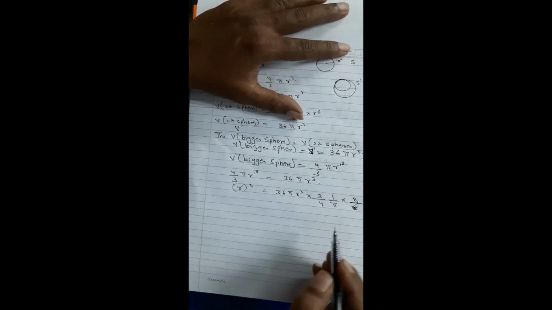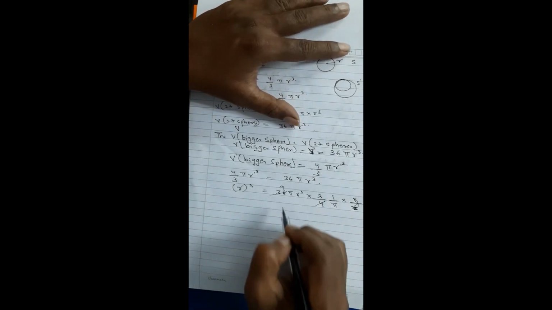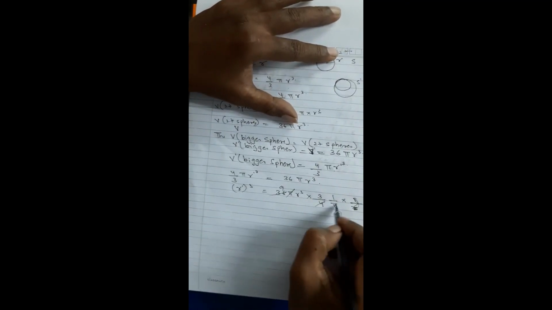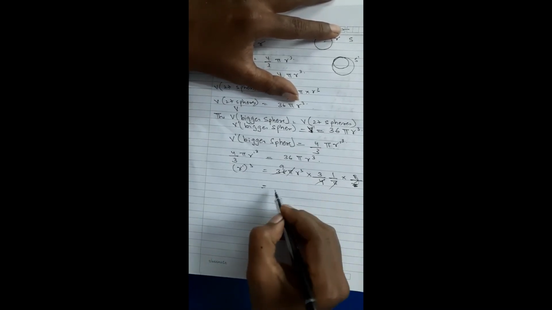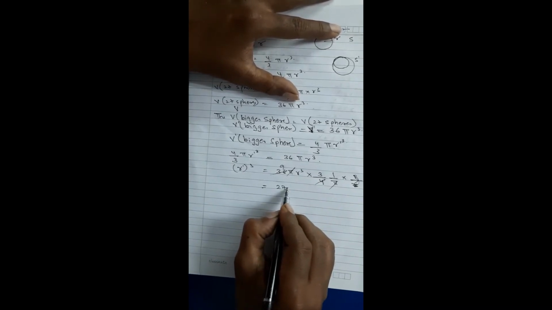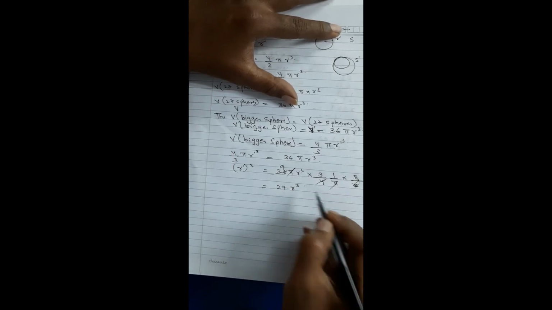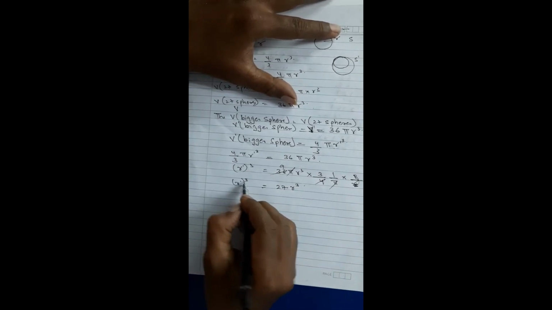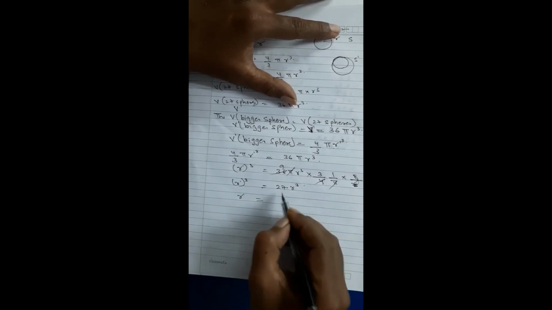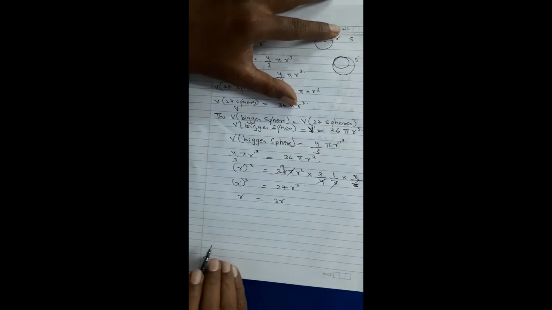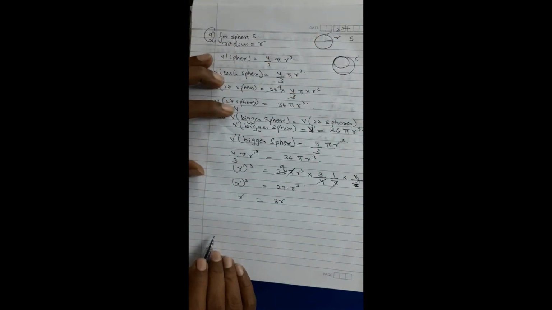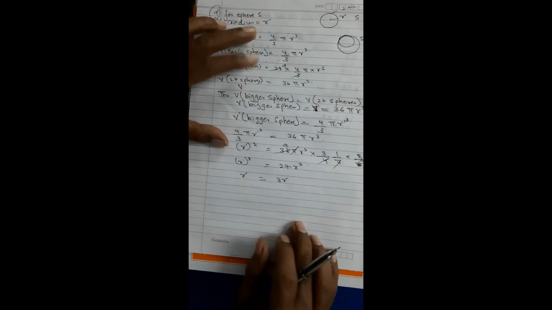So here 4 9s are 36, pi से pi मर गया, this will be 9 3s are 27, r cube is going to be r dash cube. Therefore r dash is going to be 3r. This is the value of r dash, my dear students, the radius of the new sphere.